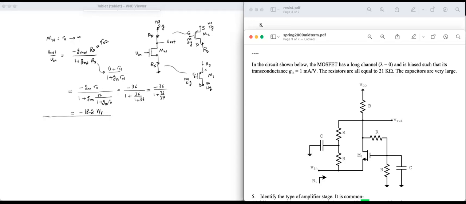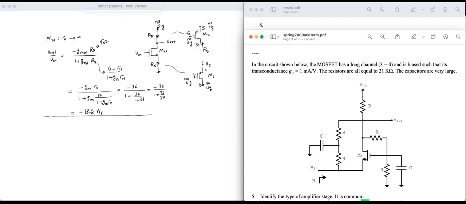This is what we mean by large external capacitors: very, very small, zero impedance at the signal frequencies. So the two capacitors become shorts at the signal frequencies. And the first question here is to identify the type of amplifier stage.